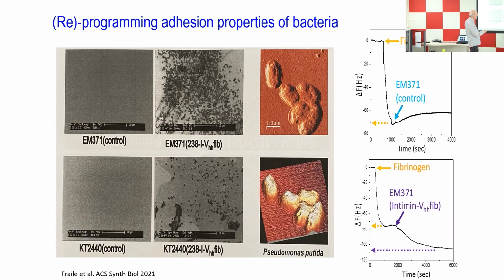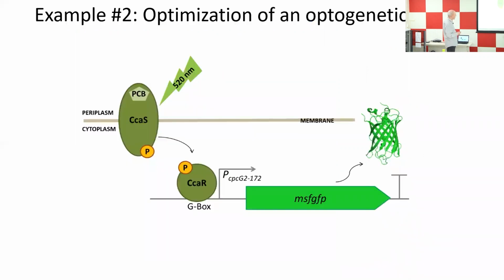To the point that the shape of the bacteria gets deformed, and they really get stuck to the surface because of the action of these antibodies that are on the surface of the bacteria and are binding the target antigen on the surface here. Okay, so that is quite nice. Okay, so another way of optimization.